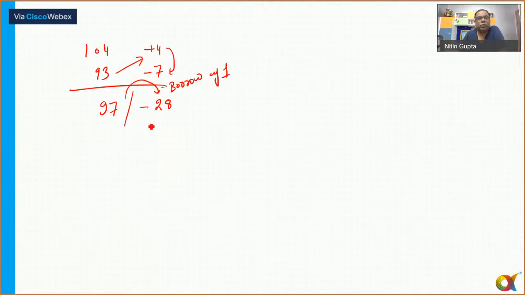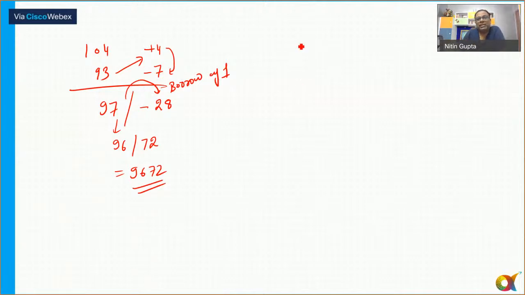What is 100 minus 28? That is 72. And this 97, since I have taken a borrow of 1, will become 96. So my answer is 9672. So whenever there is a negative, if one of the numbers is greater and one is smaller, you need to take a borrow.